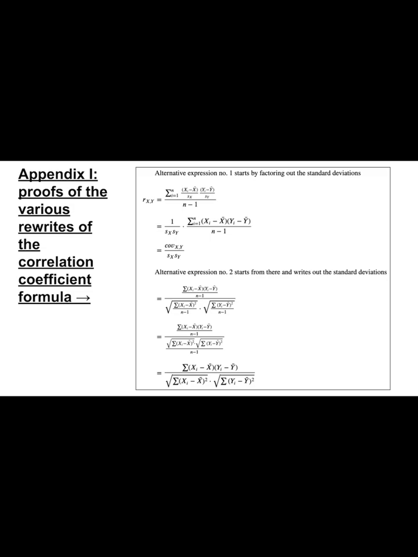But you'll notice that when you multiply root n-1 times root n-1, you just get n-1, I should say, back. What you get is an n-1 in the denominator, and then above that, in the numerator of the denominator, is the product of the sums of squares. And of course, there's an n-1 in the original covariance formula, and so those cancel out.